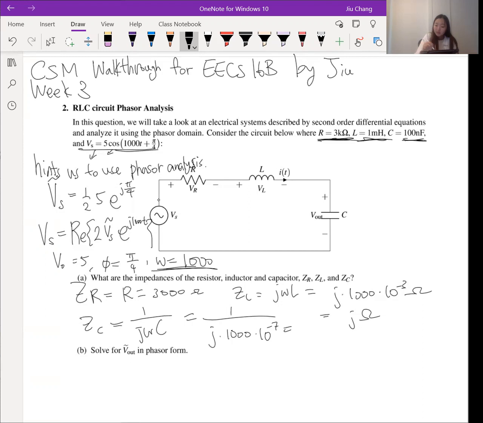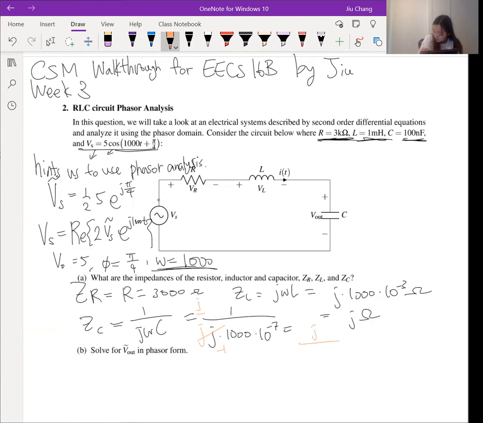But we don't want our j to be in the denominator. So we could bring this to the numerator by multiplying j/j, which is a 1. So we're allowed to multiply them and get the same number. And j times j is just -1.